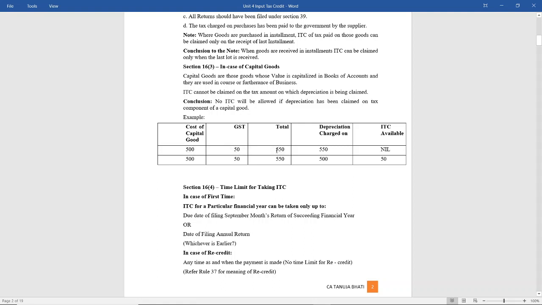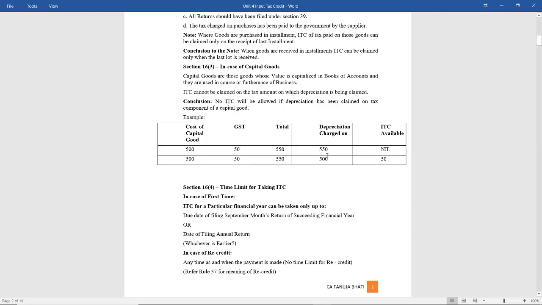Total amount is 550 that you have paid. Now, if you are charging depreciation on the GST portion also, then input tax credit in respect of such capital goods will not be available. So remember, input tax credit is not available if depreciation is charged on the GST component also.